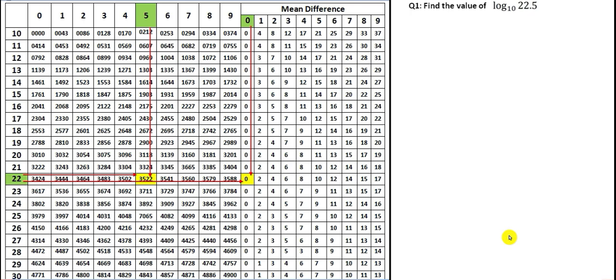There are many kinds of logarithmic tables available, but this is the latest type that is available in many books, or even you have seen it on the back side or front side of your copies. In this side that I have shown here, it is a part of the logarithm table.